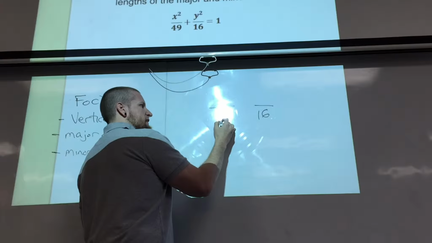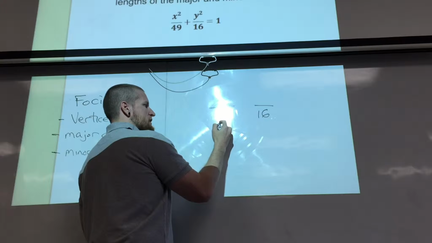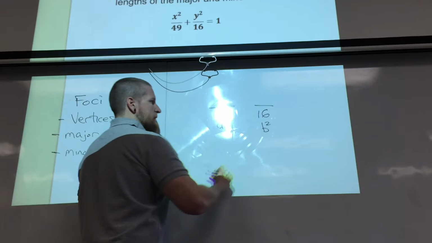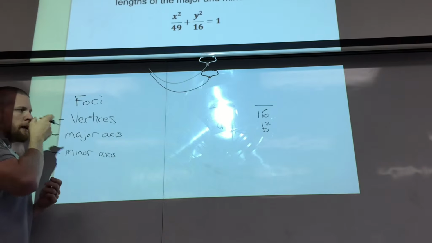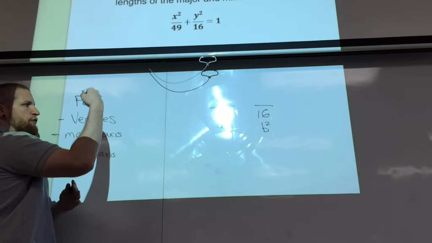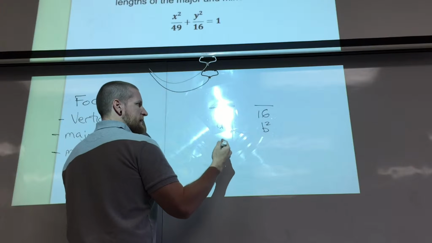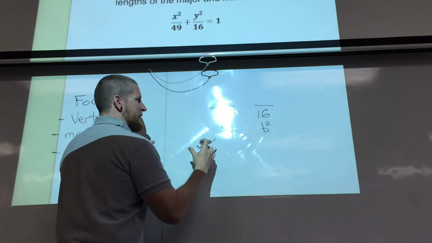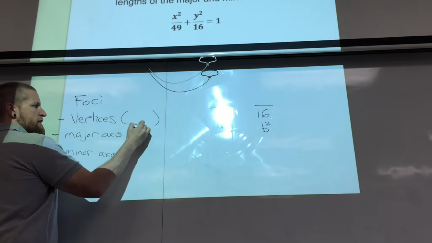I would hope you understand this is larger than 16, correct? Is 49 bigger than 16? Yes. So that means that would be my a squared, that's the b squared. So a squared will always be the larger number. Even if I didn't say prior to this problem that this would be one that's horizontal, meaning my vertices are going to be some number here and then 0.